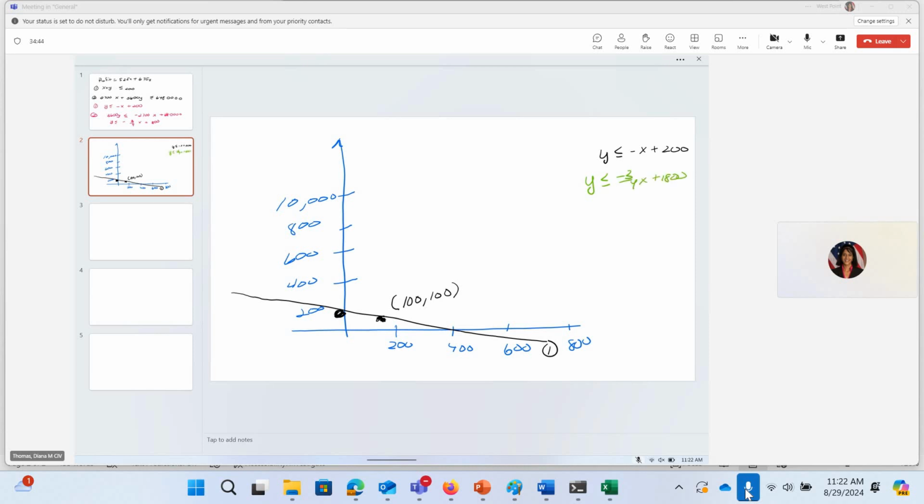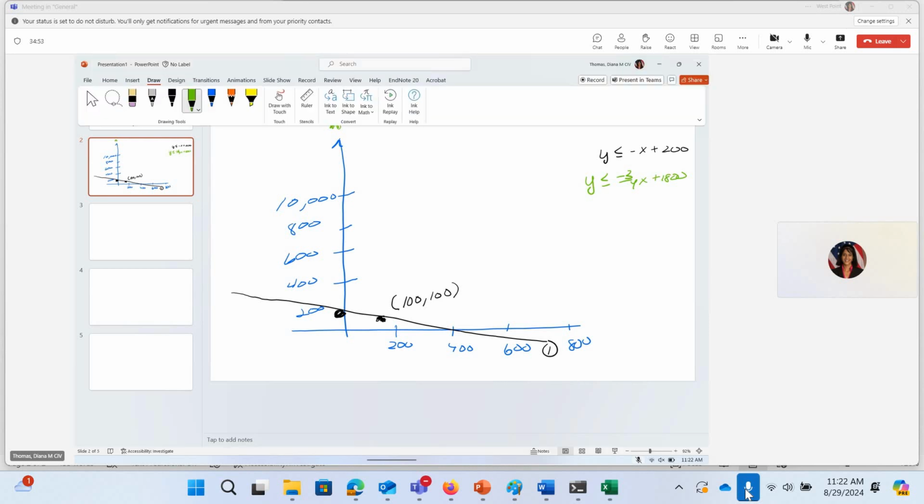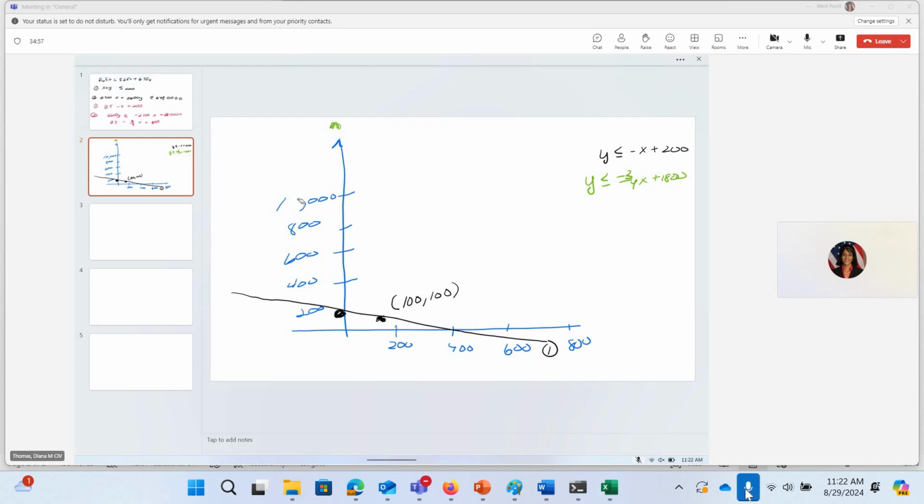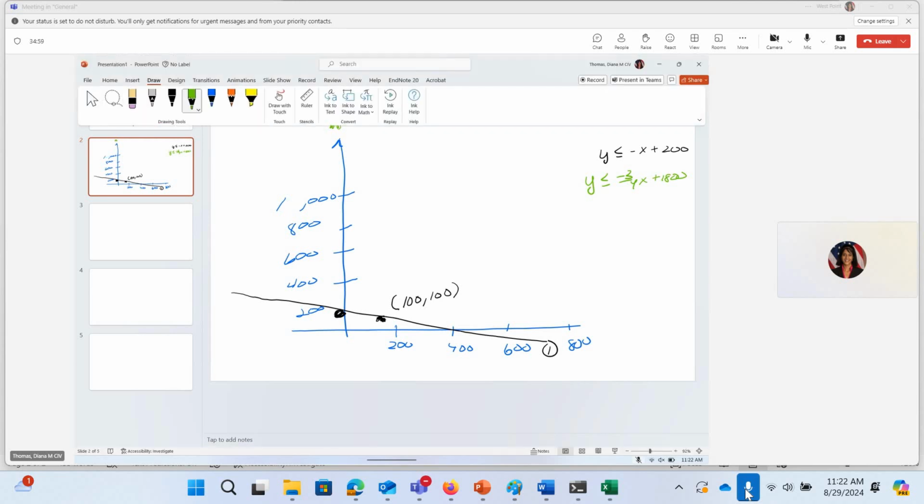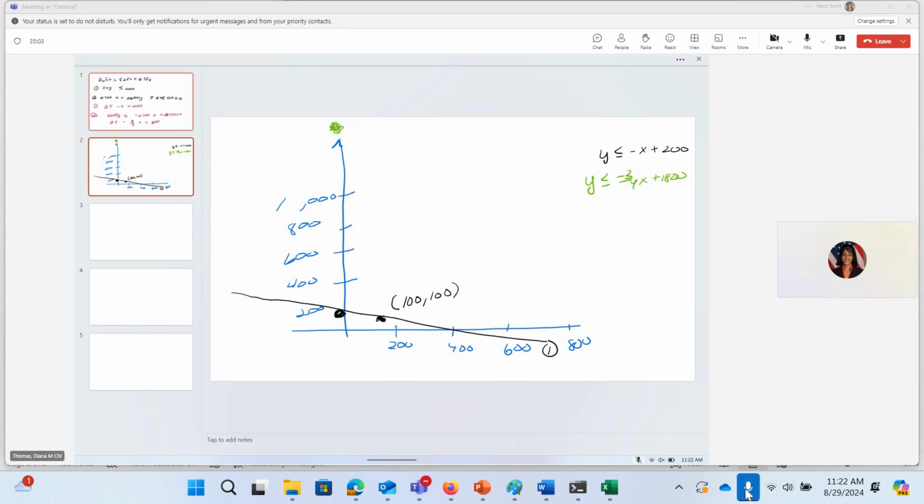That's the intercept. And then I'm going to choose something that makes the 4 go away. So like if I put 400 into here, that'll make the 4 go away. So I have minus 300, so 1800 minus 300 gives me 1500, something really huge. Maybe I want to choose something better than that. 800 would do it.